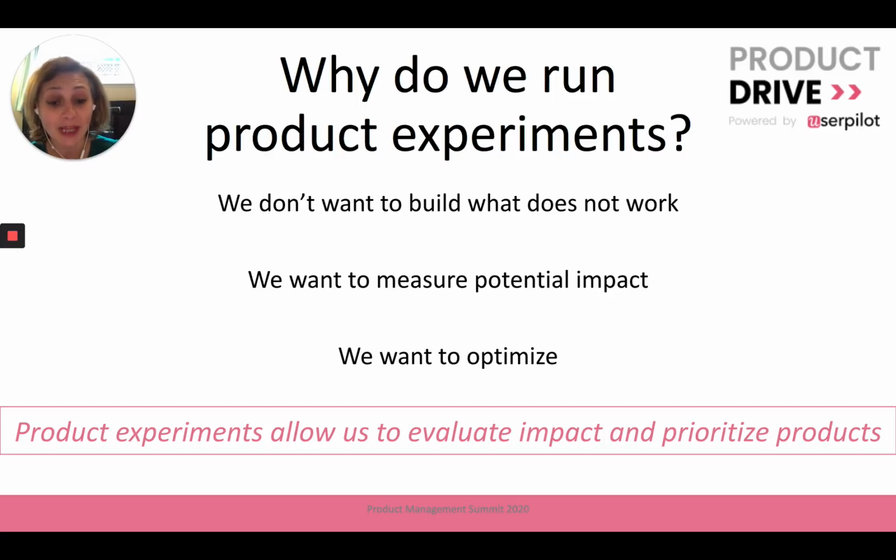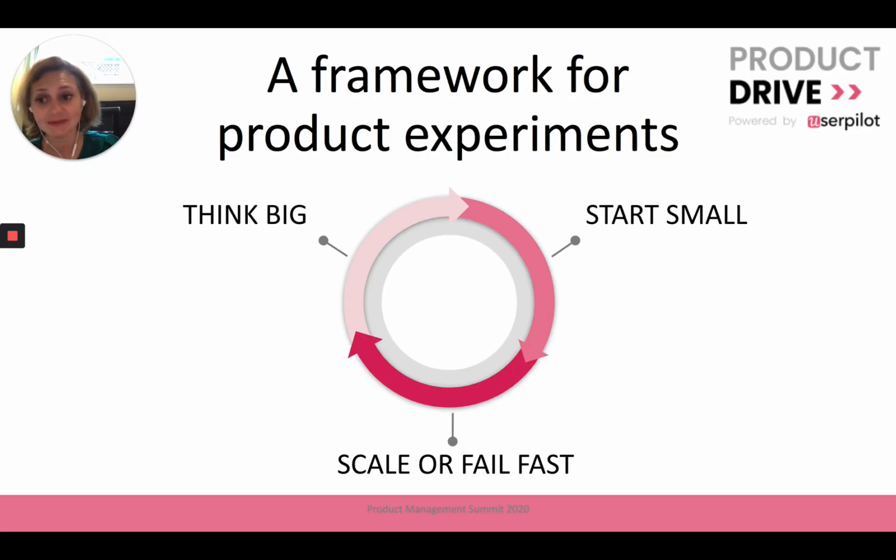We want to measure potential impact and decide sort of should we be building something. And lastly, we want to optimize. Maybe we have a couple of options, a couple of approaches we could take. Which one should we go with, right? And we want to sort of test to figure out which one is best. So at the end of the day, product experiments allow us to evaluate impact and as a result, prioritize products.